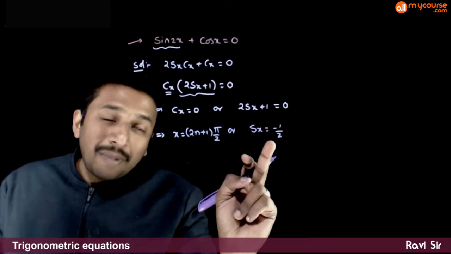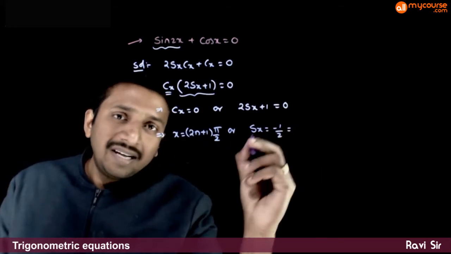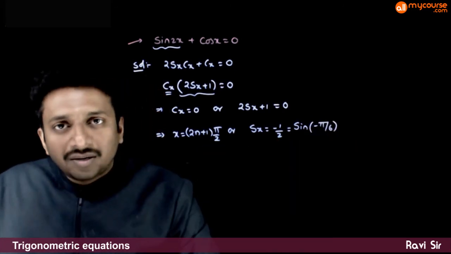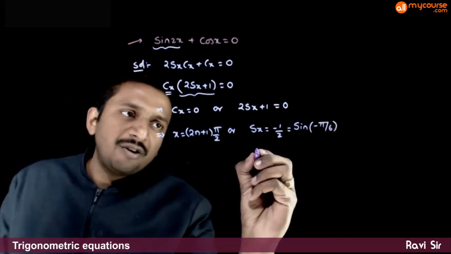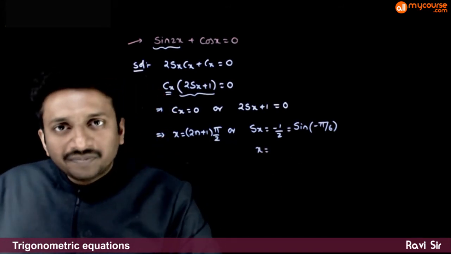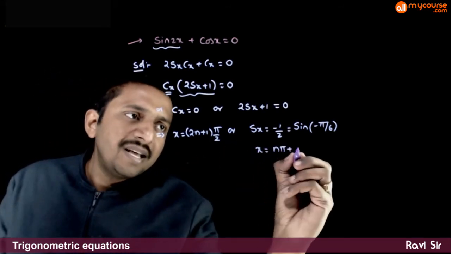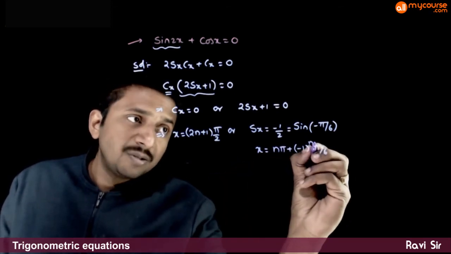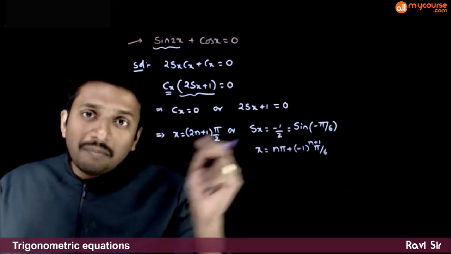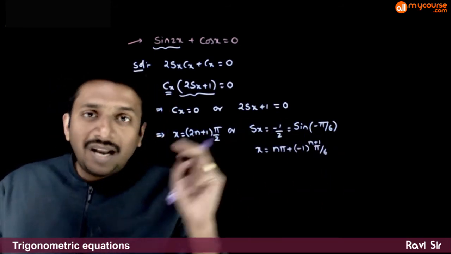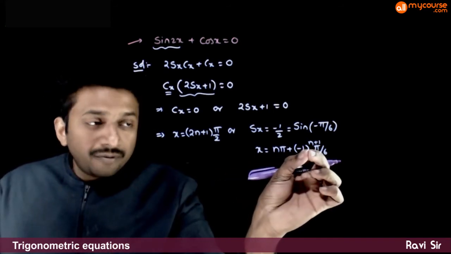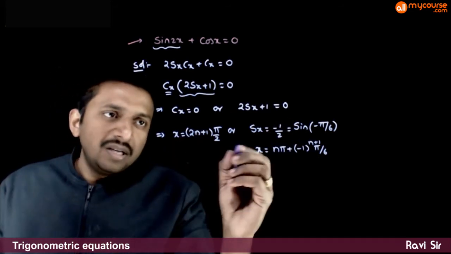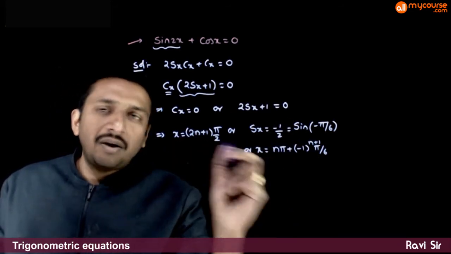Corresponding to minus half, I can take sin x as sine of minus pi by 6, in the fourth quadrant. So x is equal to n pi plus (minus 1) whole power n times (minus pi by 6). The minus sign can be included into the minus 1, so the power becomes n plus 1, giving (minus 1) whole power (n plus 1) times pi by 6. So the solution is either this or this.